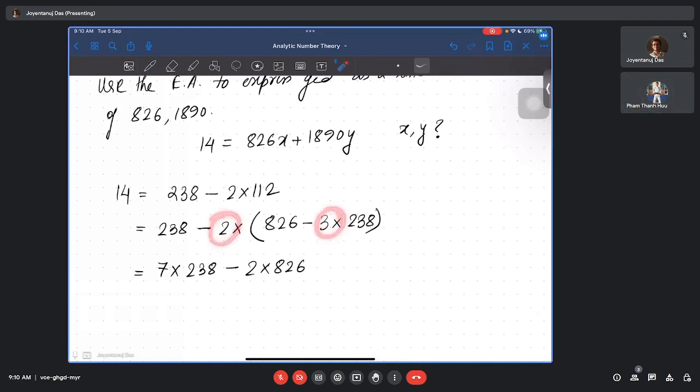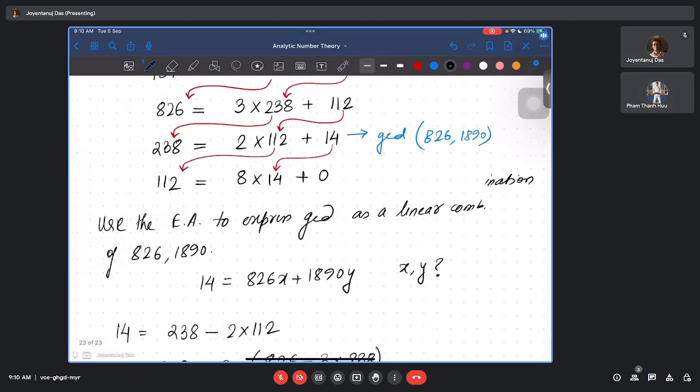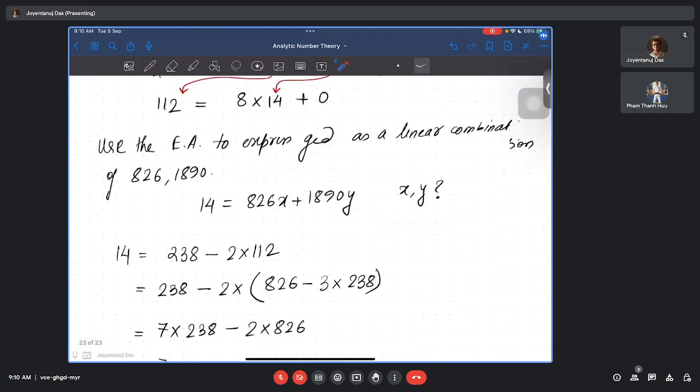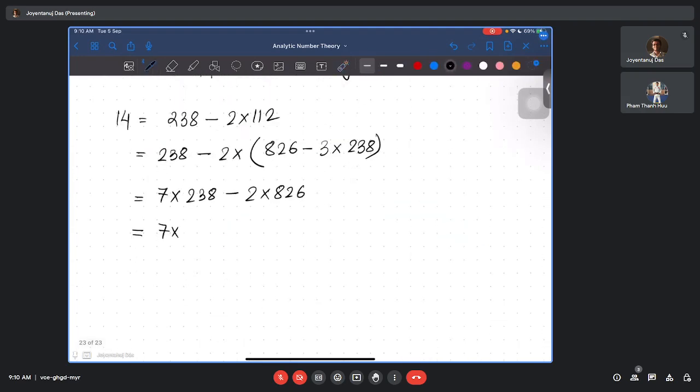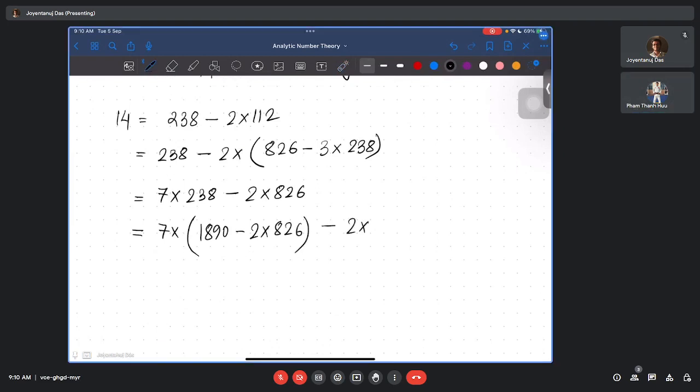2 and 3, 6, right? Yeah, 6, plus. Right. So next step will replace 238. So the 238 I will get from the previous line: 1890 minus 2 times 826. So 7 times 1890 minus 16 times 826, right?